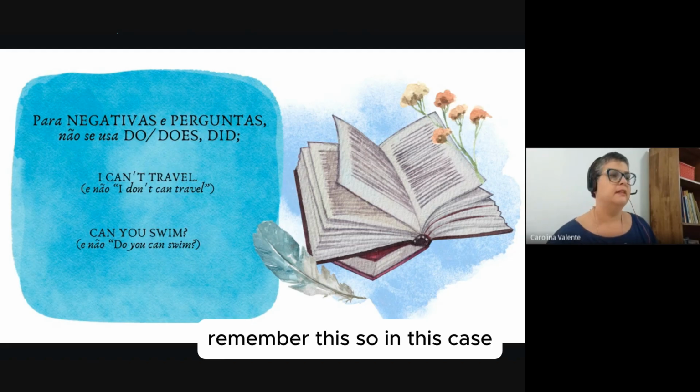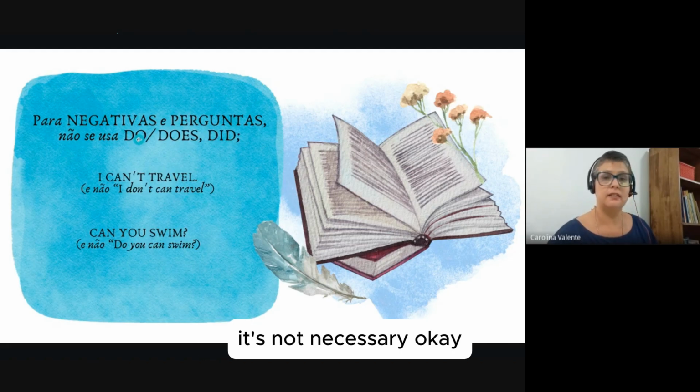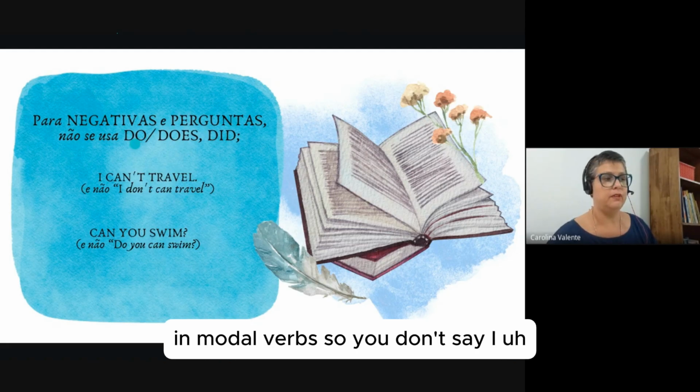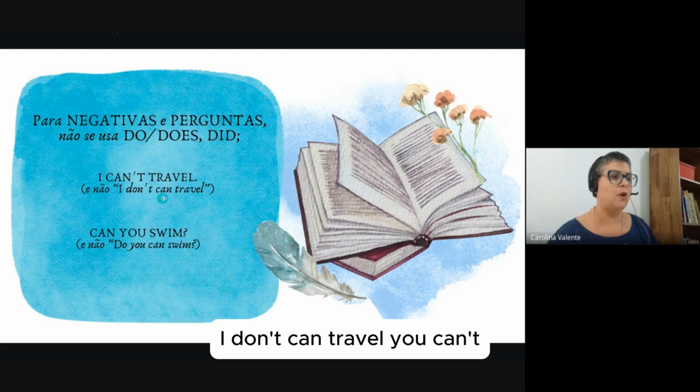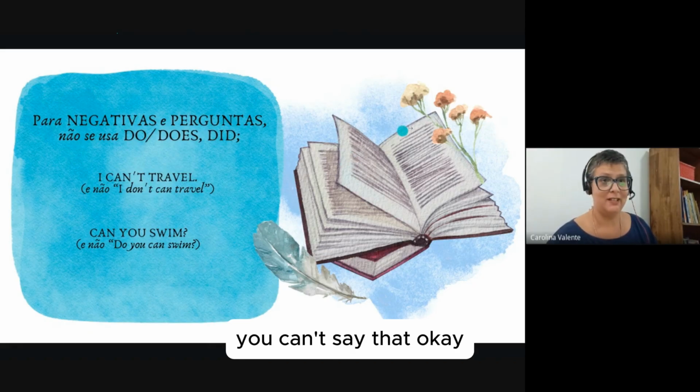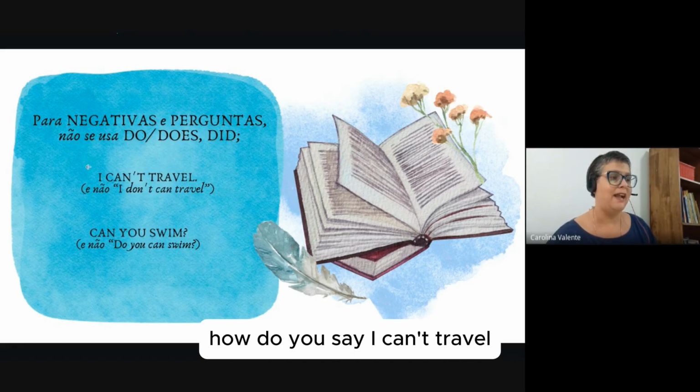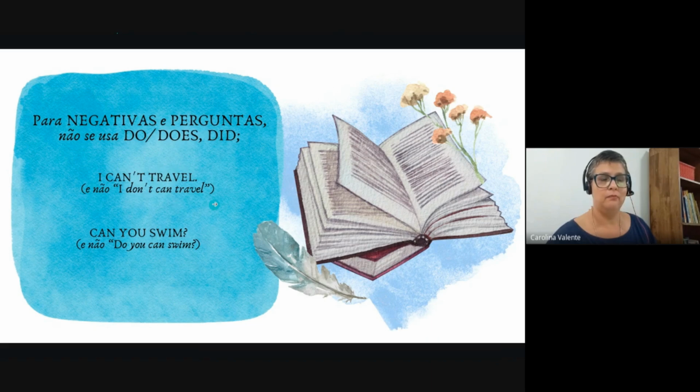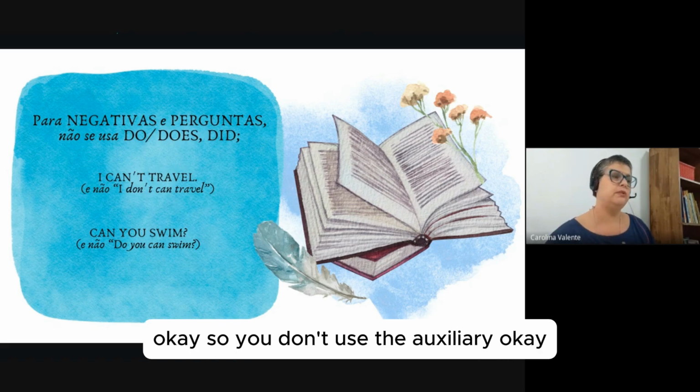Remember this? So in this case, it's not necessary in modal verbs. So you don't say I don't can travel. You can't say that. Okay? How do you say I can't travel? Okay, so you don't use the auxiliary.